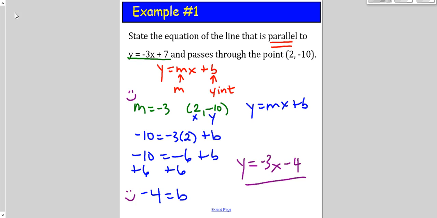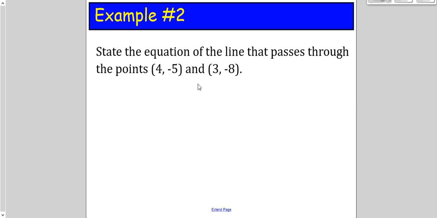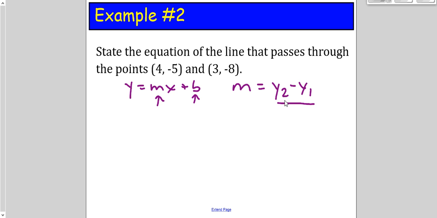All right, let's take a look at another example. In this one, they just gave me two points. Oh dear. Okay, so with two points, I know that I need to find my m and I need to find my b. Let's start with m. We can find our slope using our slope formula to figure out our rise over our run. Our slope formula is y2 minus y1 over x2 minus x1.